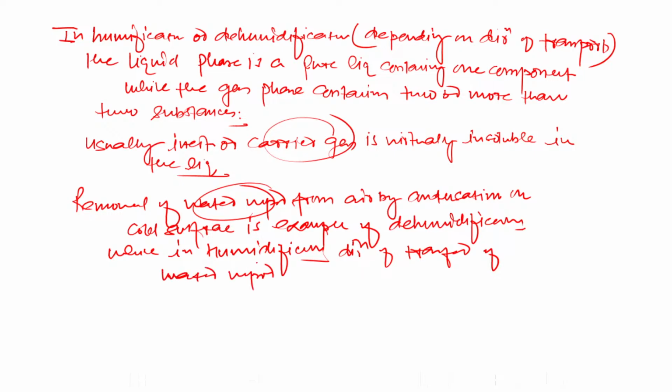Here one example is there, but the vapor of any liquid goes from liquid to what? Gas phase. But what is the condition? In the humidification and dehumidification operation, the liquid phase must contain only one component. It means it should be pure. Clear to you?